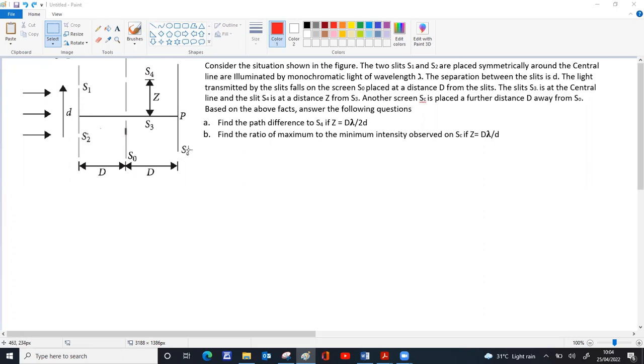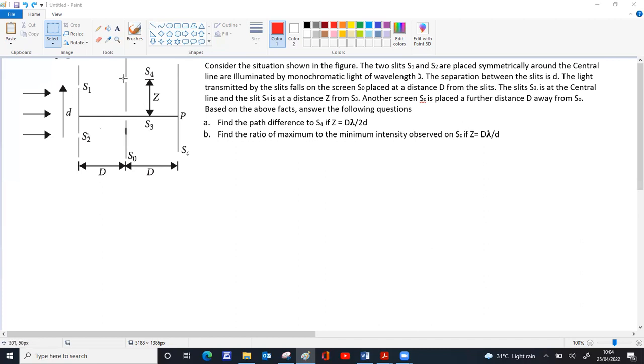Another screen SC is placed a further distance D away from S0. Based on the above facts, find the path difference to S4 if the Z value is d lambda by 2D. So the first part is, what is the path difference to this particular point if the Z value is d lambda by 2D.